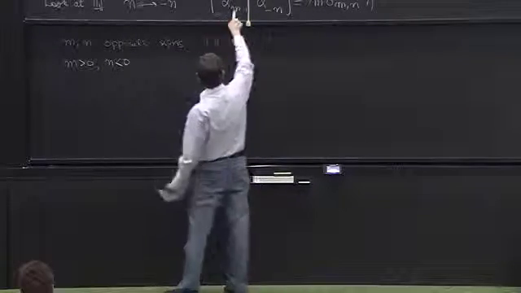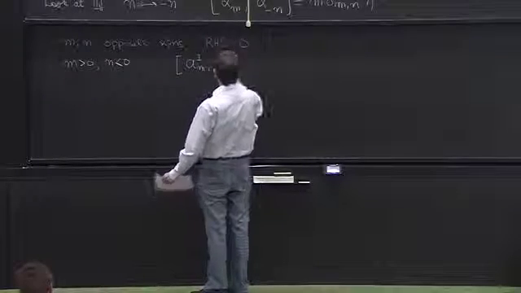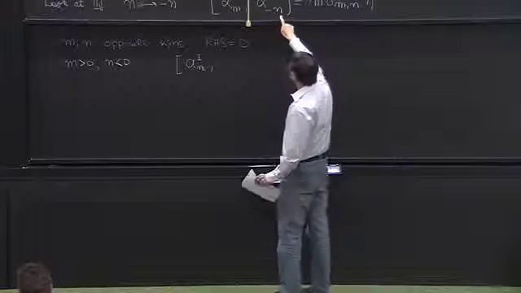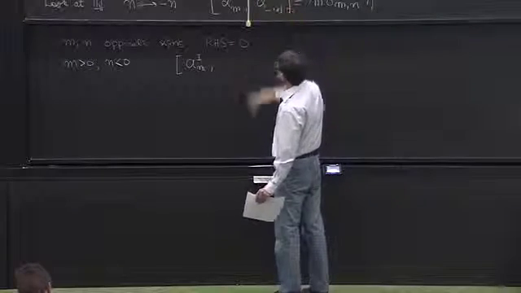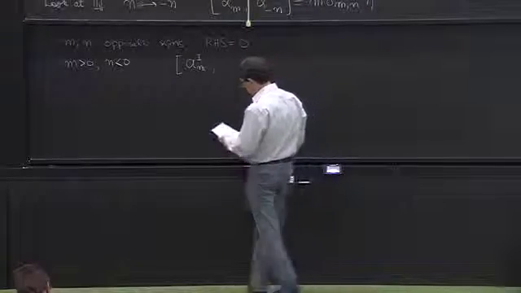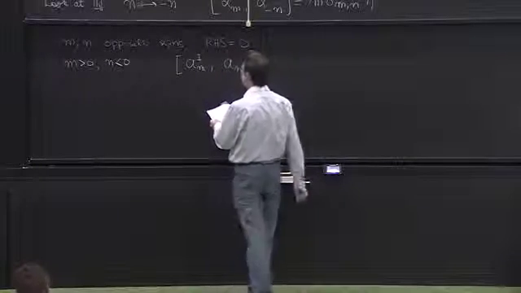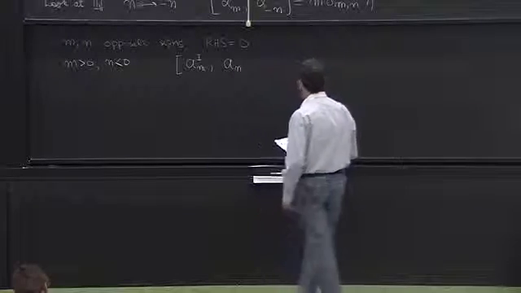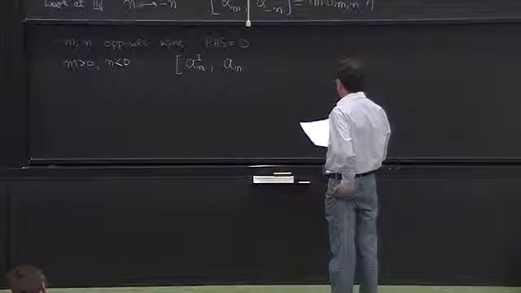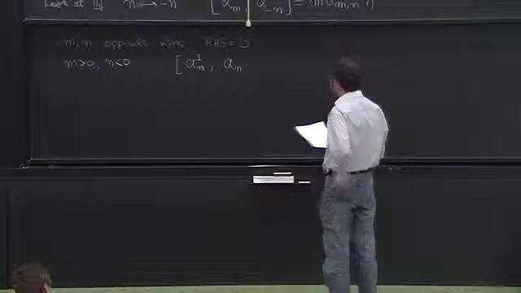This operator is proportional to a m i times the number. If n is negative, as we said there, this is a positive number. No, I'm sorry.